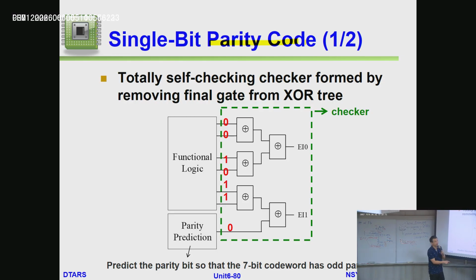That is the parity prediction's purpose. So for example, if your functional logic output is 0, 0, 1, 0, 1, 1, its parity is odd, so our parity bit is 0. So the 7 bits of information are always odd parity. Let's talk about another example.